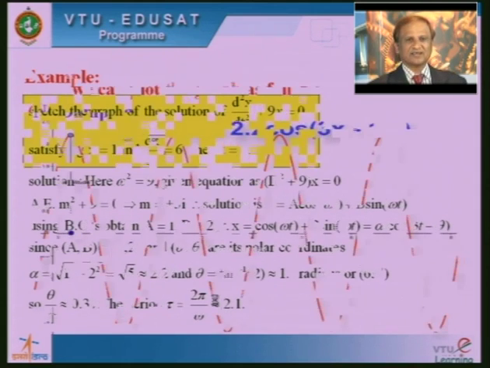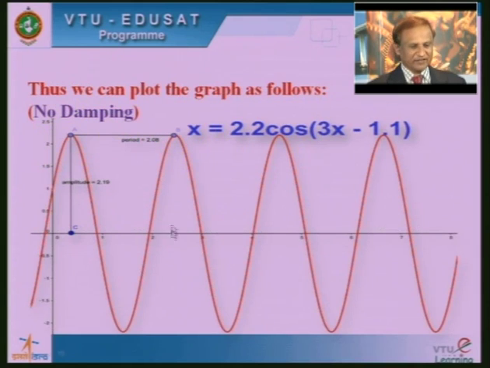So, when we draw the graph, you can verify whether you will get the same values or not, right. So, this is the graph of 2.2 cosine of 3x minus 1.1, right. So, we know that it is representing no damping, is it clear, right. So, here I have calculated the amplitude.